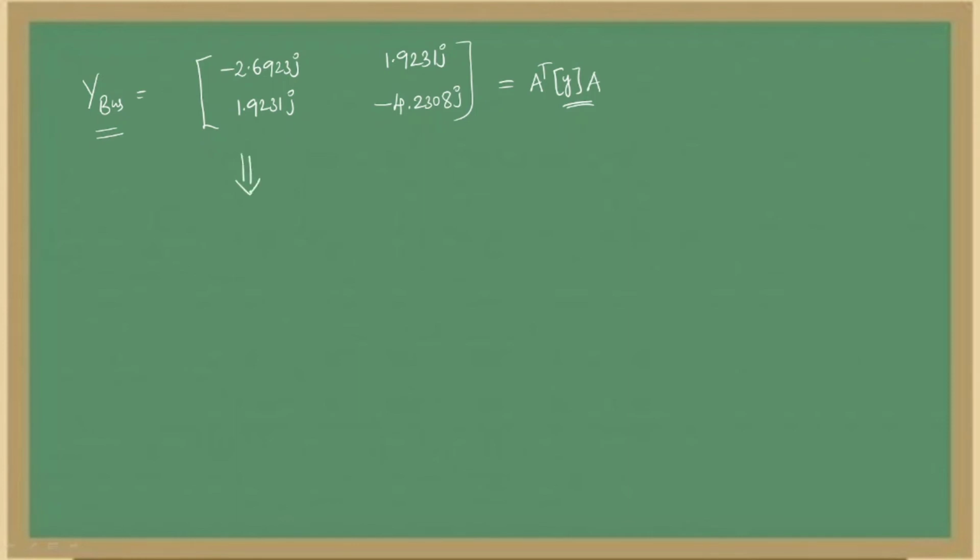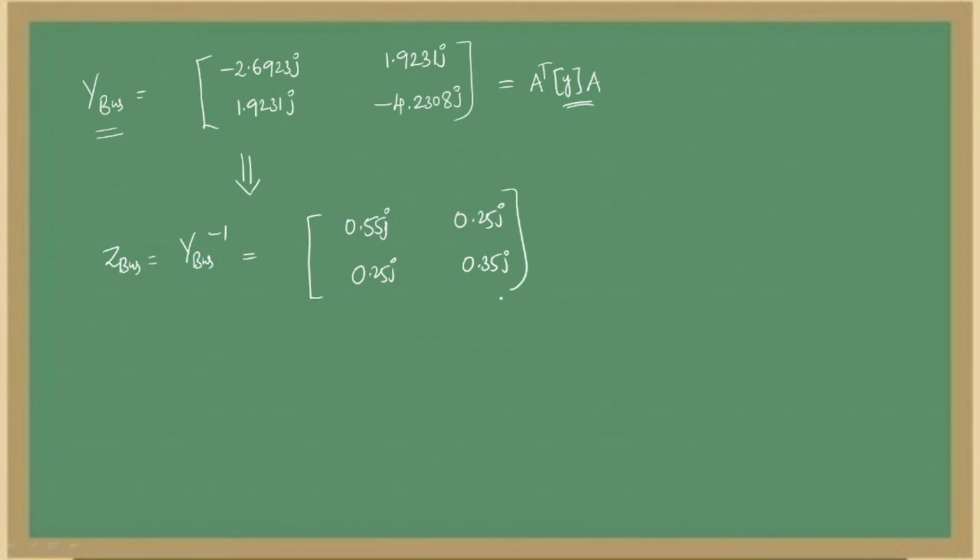By substituting all these three matrices in this expression, you can get Y bus as this one. Now from this you can find Z bus easily by taking the inverse of Y bus matrix. If you take the inverse of a complex matrix using manual calculations or any other software, you can obtain it as 0.55j as first element, 0.25j as the second element, 0.25j as the third element, and the fourth element is 0.35j.